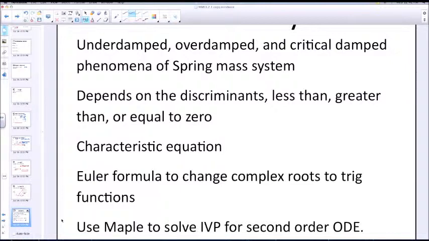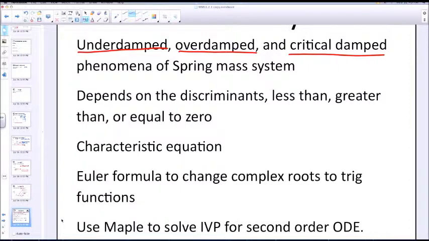Depending on the relative strength of the spring restoration force and the resistance damping force, the behavior of the system could be underdamped, an attenuating oscillation; overdamped, no oscillation at all; critically damped, no oscillation, it's just decaying; or a harmonic function, which is unrealistic, when there's no resistance at all.